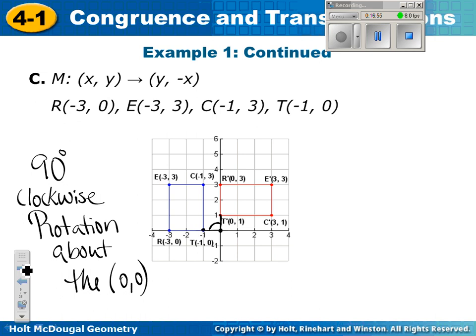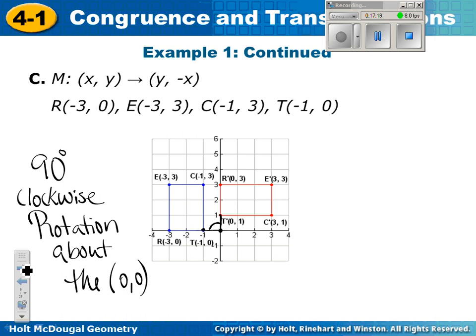Very good, and that's what Anne said. She said, won't it be the same? Think about that. If you rotate 180 to the right, or clockwise, or you rotate 180 to the left, or counterclockwise, would you land at the same place? If you take a triangle and turn it 180 this way, or 180 the other way, you're still going to have the same exact thing. So a 180 degree rotation, the direction doesn't matter.